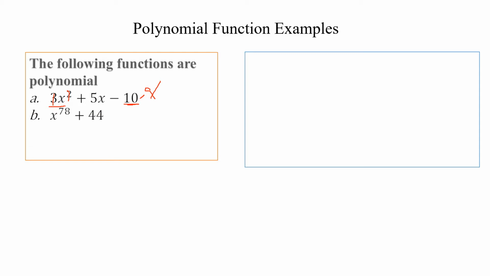Here we come to the second one, x to the power of 78 plus 44. The degree is 78, the constant term is 44, the other terms are 0, the leading term is x to the power of 78, and the leading coefficient is 1.